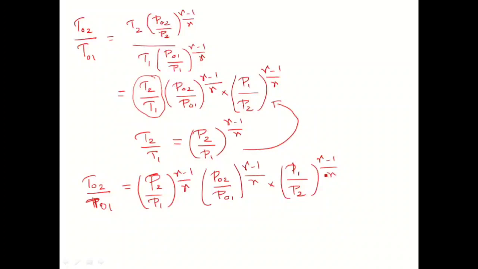This term and this term will cancel. So the final equation becomes T02 by T01 is equal to P02 by P01 all raised to gamma minus 1 by gamma.